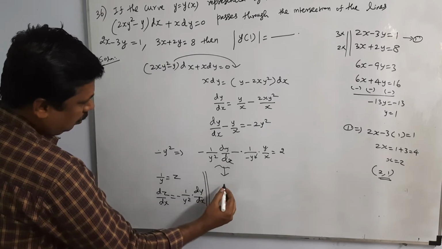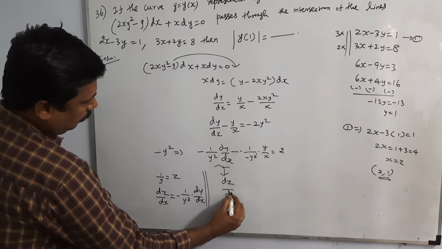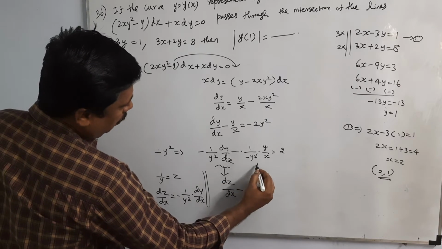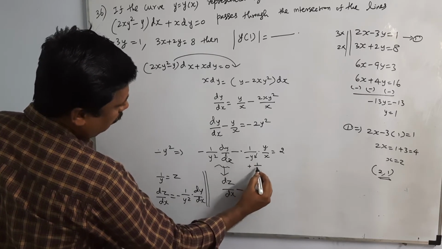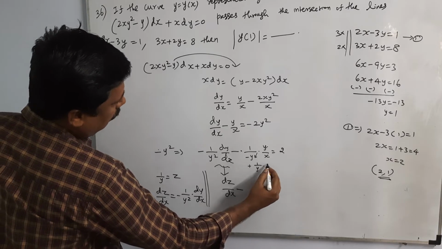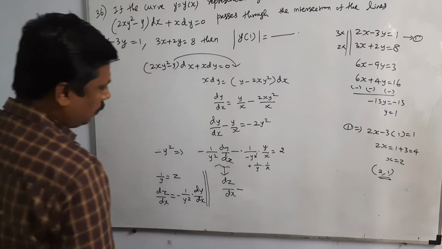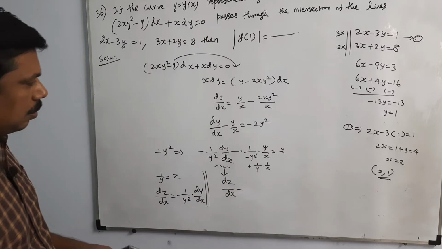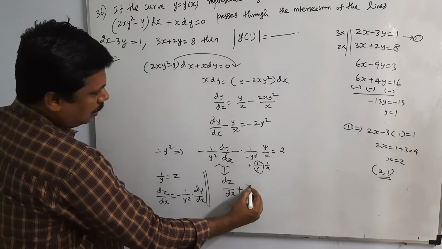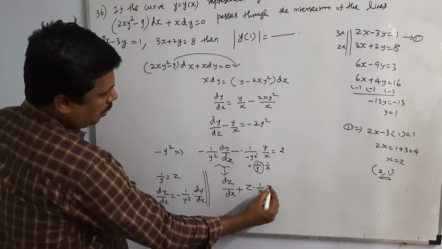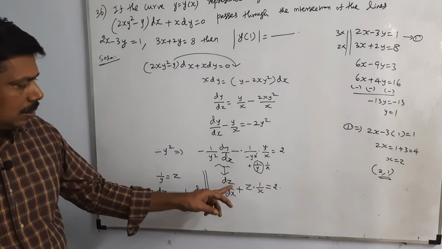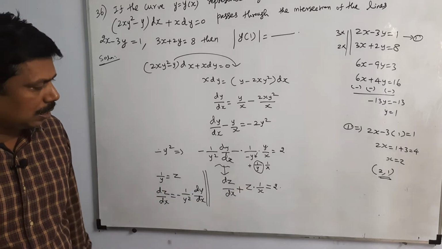This is dz by dx, and minus minus plus 1 by y into 1 by x. So instead of 1 by y, you write z into 1 by x equal to 2. So this is the differential equation in z and x only.